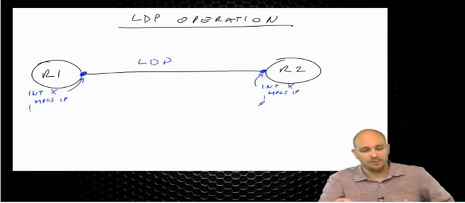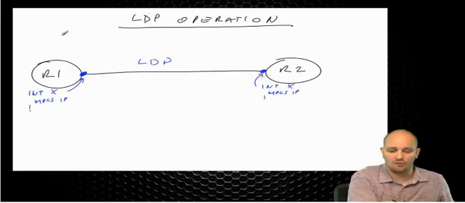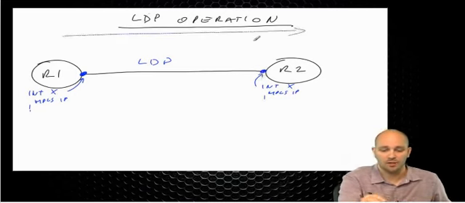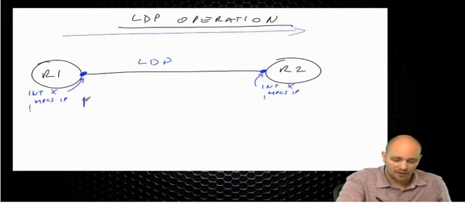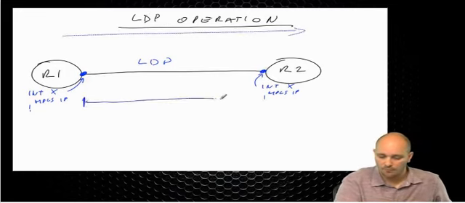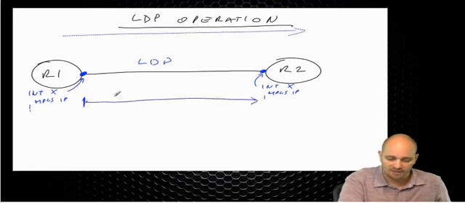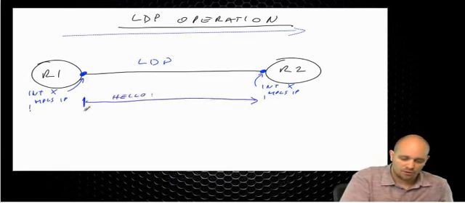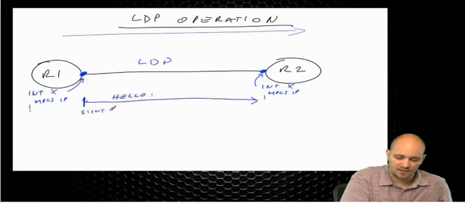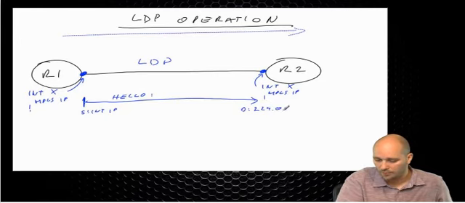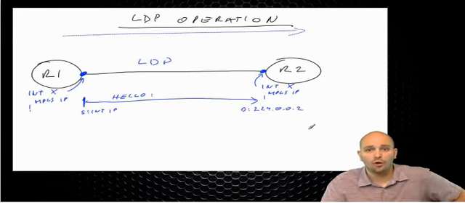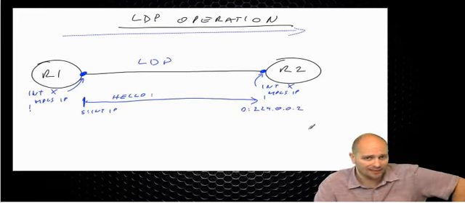So when LDP starts working, let's just now observe what happens in this direction here. The first thing is from an interface address, there will be a hello sent. Source is going to be interface IP, and destination is going to be 224.0.0.2, or all routers multicast address.